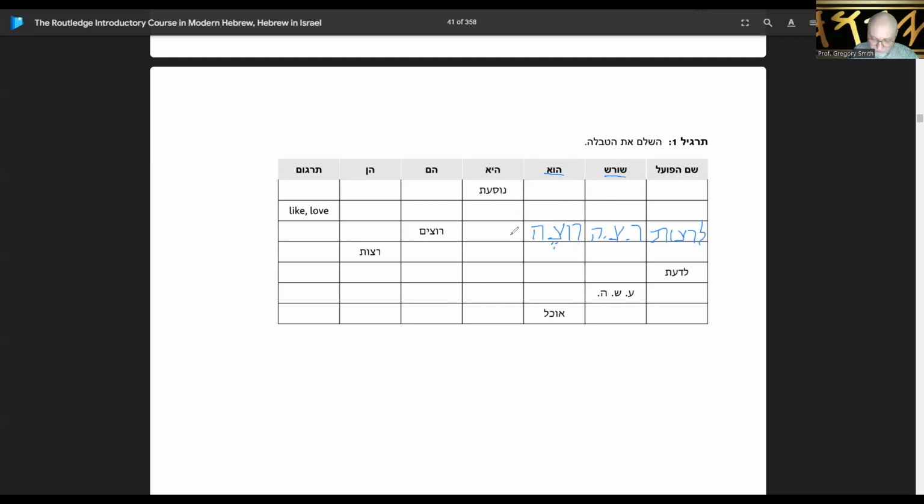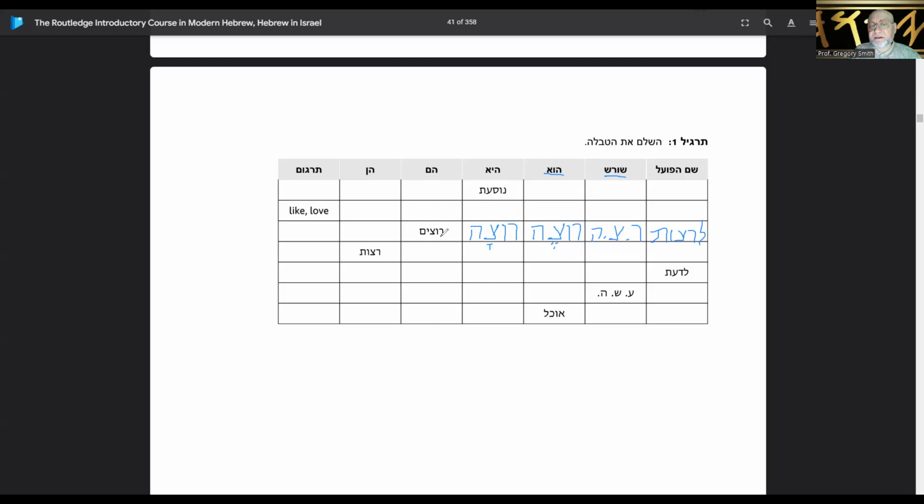And then what about if you were to say she wants? It would be rotzah. Look at the difference. Lamed, tzadi, ends with hey. Okay. And we've got a kametz under there, rotzah.